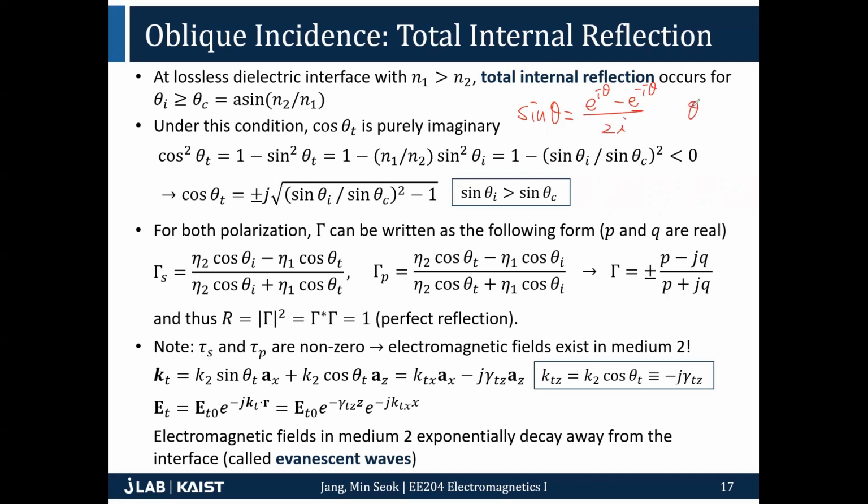So if theta is just i times some number x, then this equation becomes e to the minus x minus e to the plus x, divided by 2i. So it becomes purely imaginary, right? But what we want is a sine theta larger than 1, not just an imaginary number, right? So it should be complex.